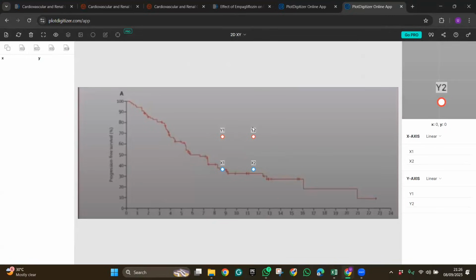So after opening Plot Digitizer, once you've uploaded the graph, you're going to do calibration. What is calibration? Calibration is basically that you take these dots. X1, you're going to drag it and place it at the lower limit of your x-axis.